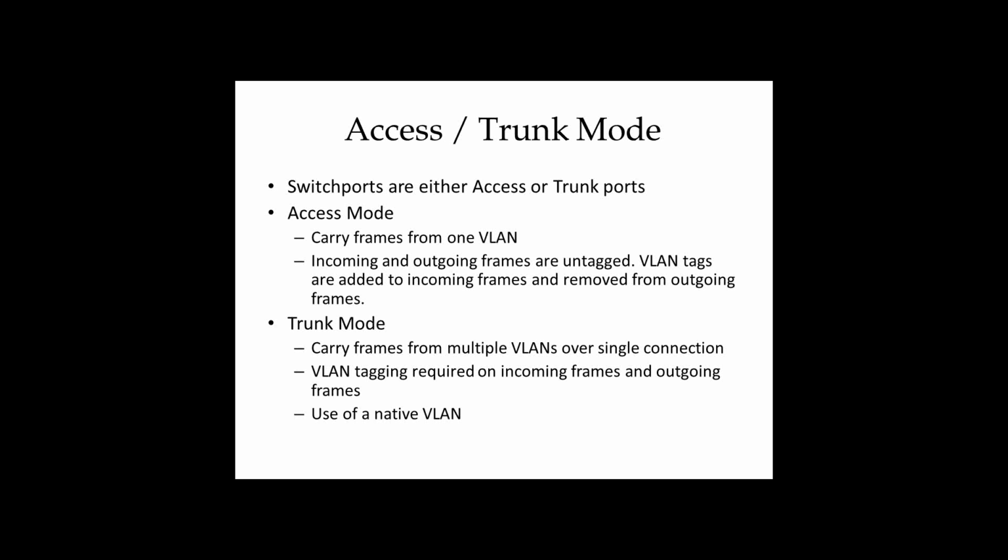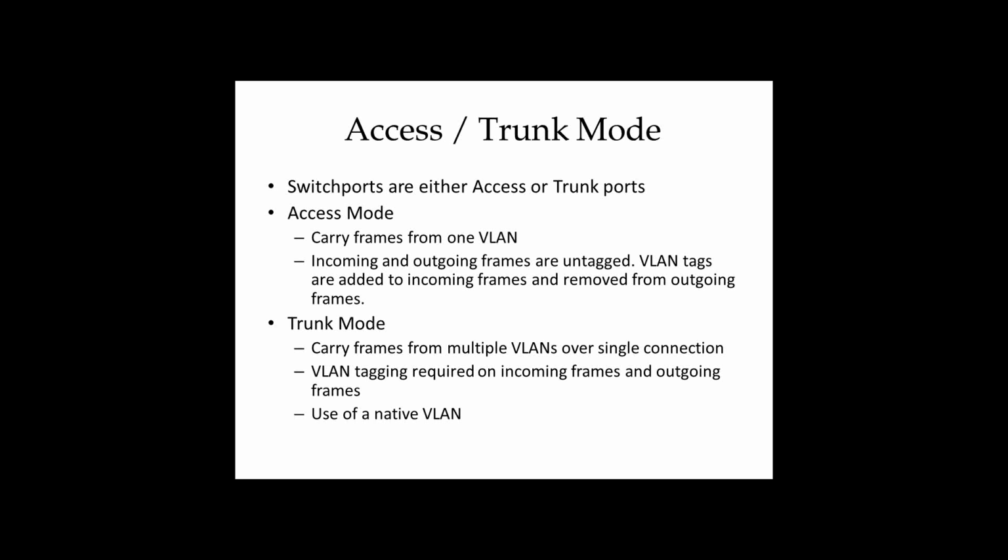In access mode, if we're setting up a switch with a port in access mode, we're going to assign a VLAN to that switch port. So say the access port is access VLAN 10.